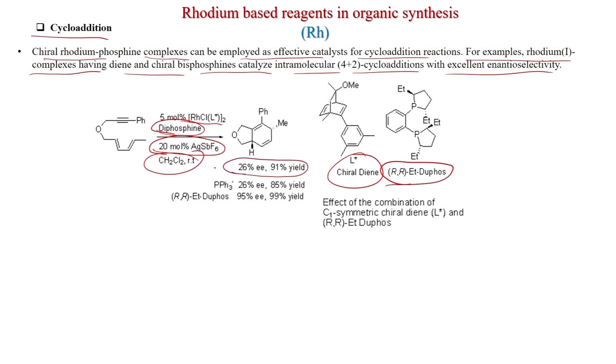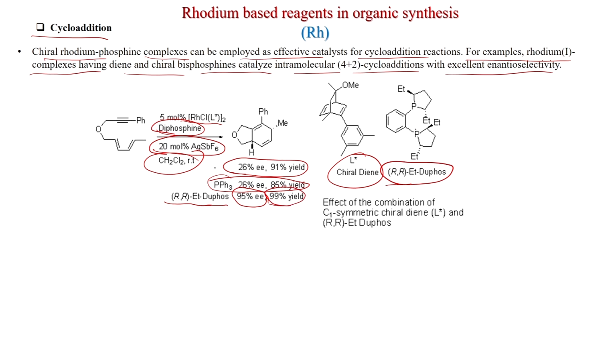Without phosphine, and when PPh3 is added, then also the same, 26% ee, 85% yield. So, this tells that not only the diene, you have to use a chiral diphosphine. That is why when (R,R)-Et-DuPhos is used, this enantiomeric excess increases to 95% ee, and you get the product also in high yield, 99% yield.